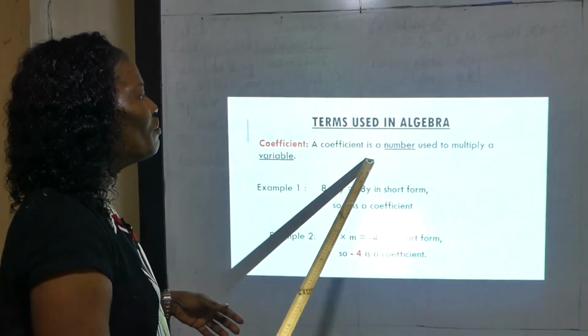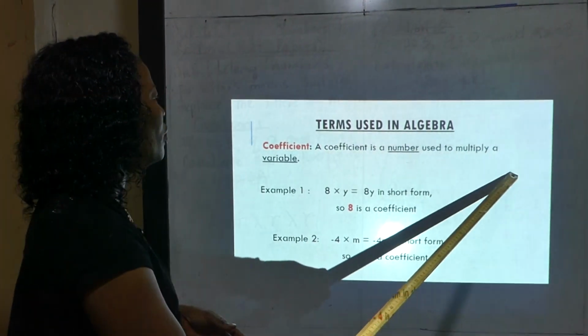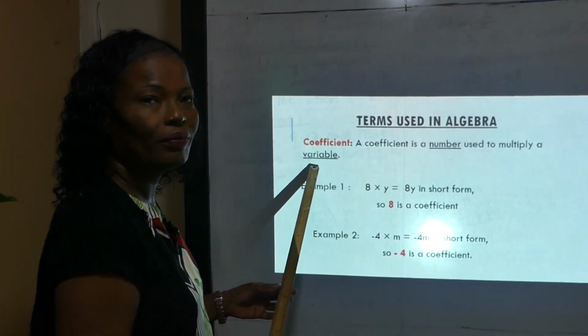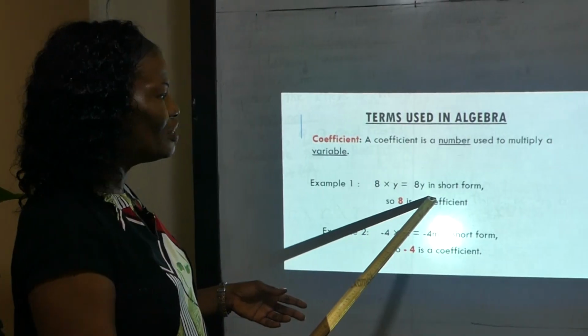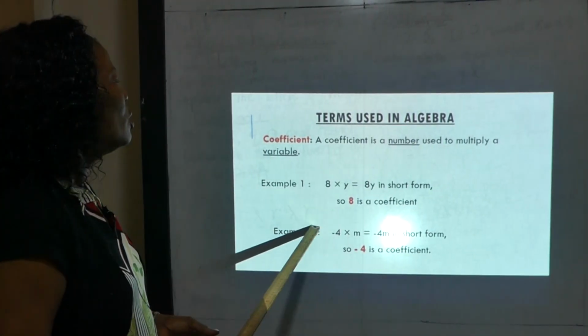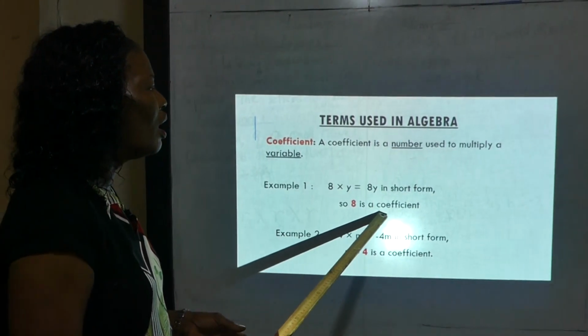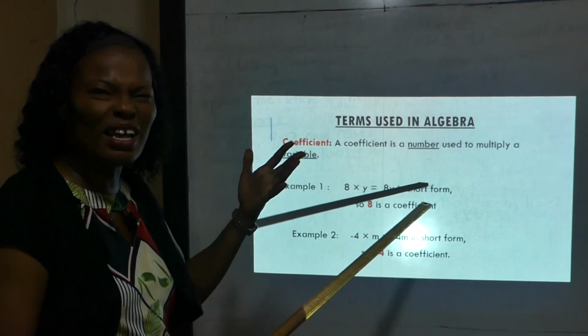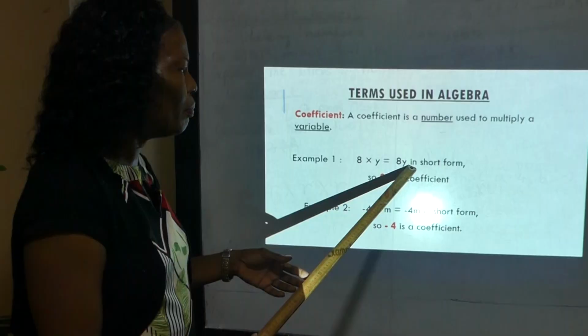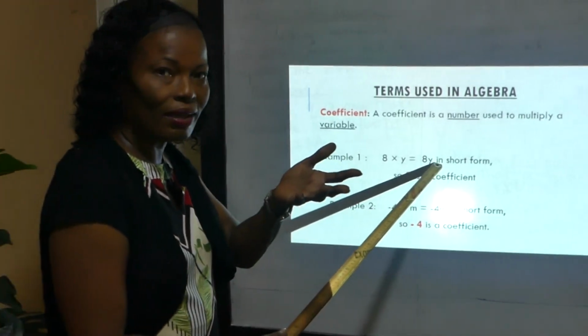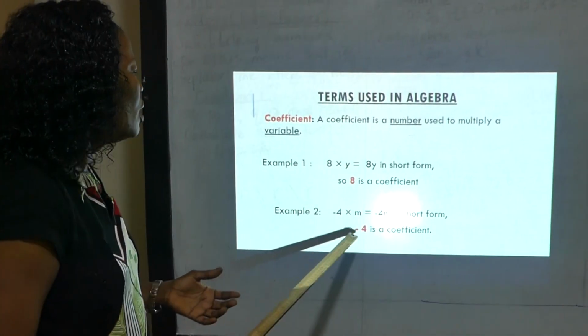Coefficient. A coefficient is a number used to multiply a variable. So 8 multiplied by y is equal to 8y in short form. So 8 is a coefficient. You can also say that it is a number before the variable. And remember, variable is the letter y in this case, right?